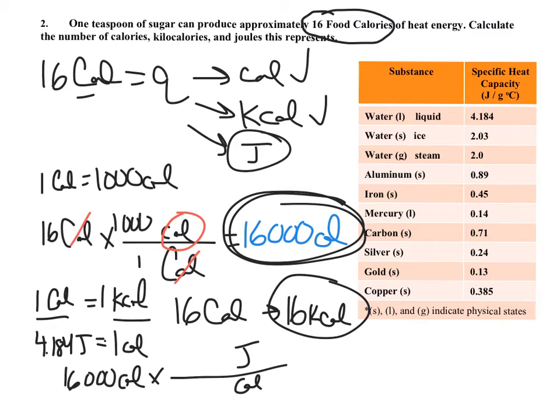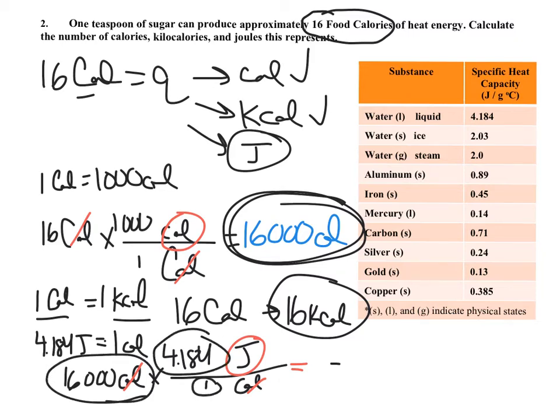Notice once again, there's no equation for it. I just put calories on the bottom so it cancels out, and joules left up on top so that I can get my answer in the proper unit. I know that for every 1 calorie, there is 4.184 joules.